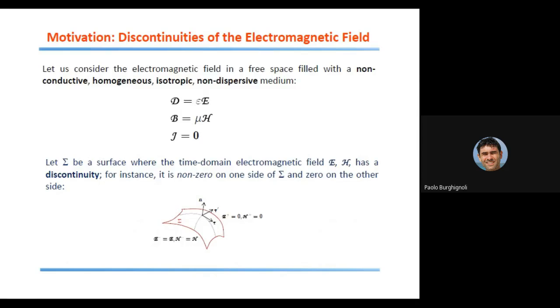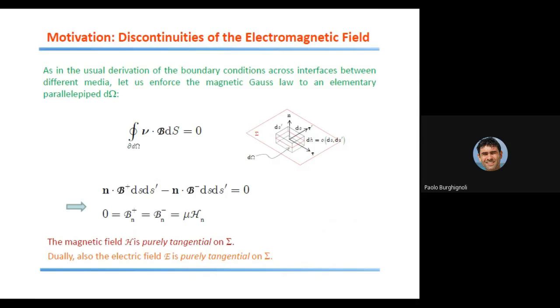In order to do that, we will consider the basic laws of the electromagnetic field. For example, we may consider the Gaussian law, which tells us that the magnetic induction B has a zero flux across any closed surface.